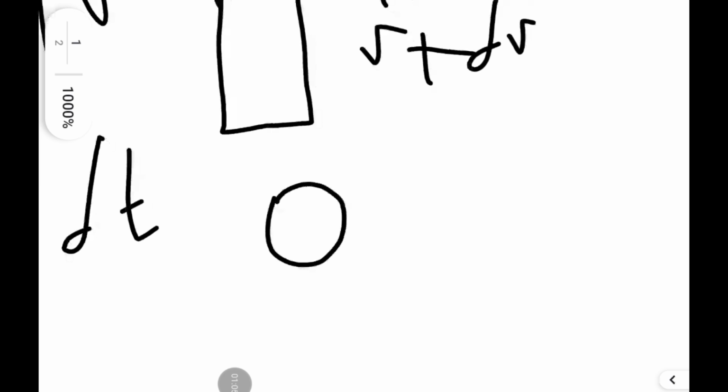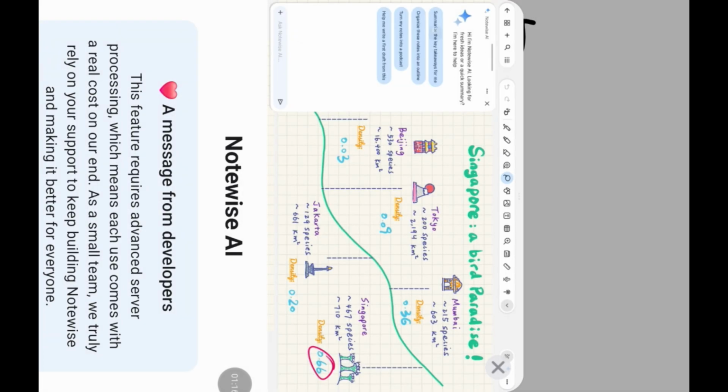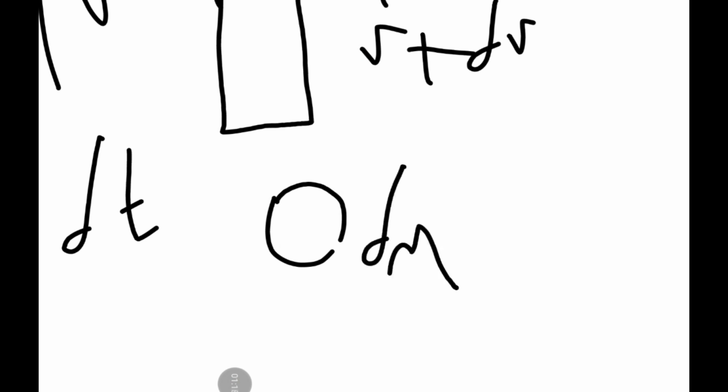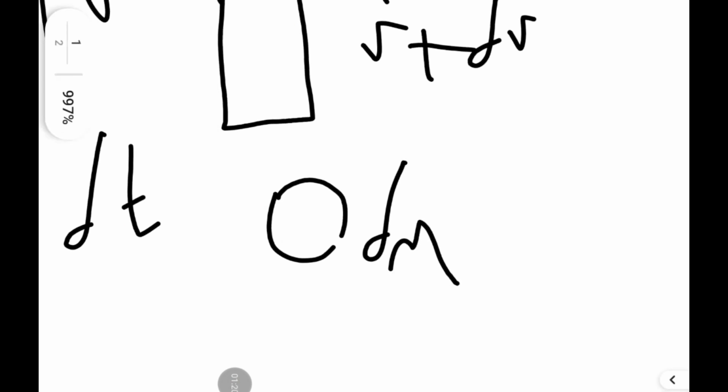We have the fuel ejected there, dm. That's not very clear. We have fuel ejected, and that fuel is dm. Oh, sorry, that is dm, and that's being ejected. And that's got its own velocity of v minus u.